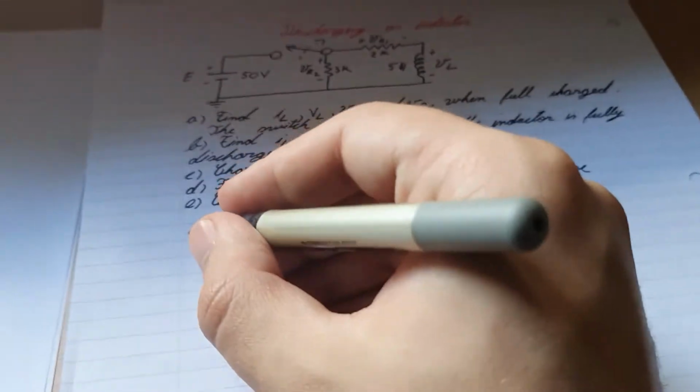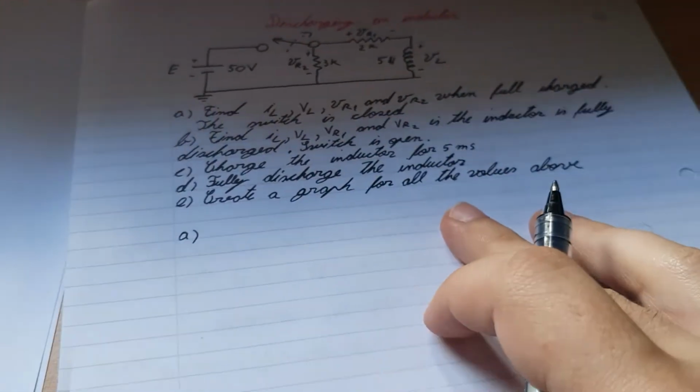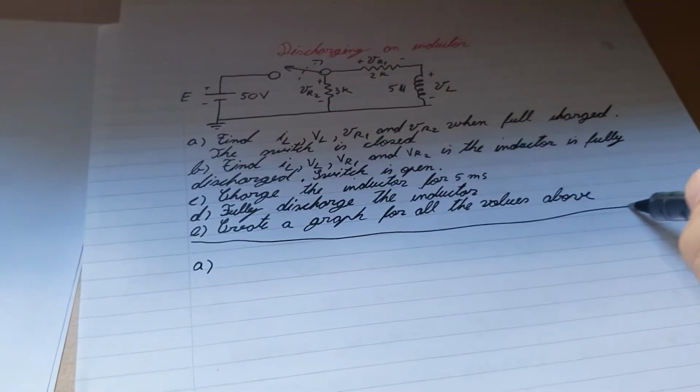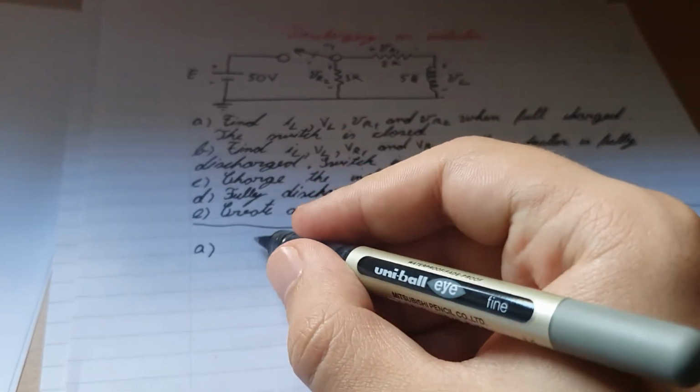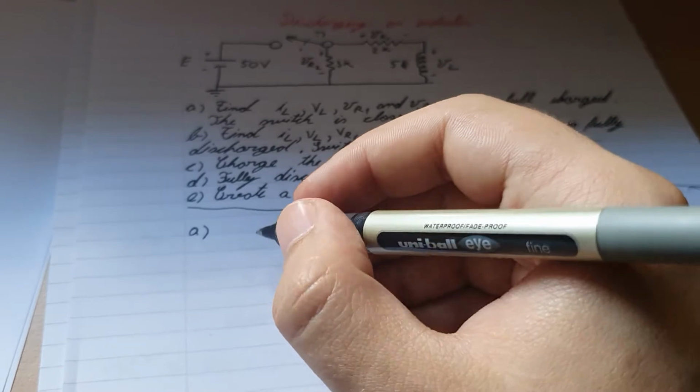All right, so let's start with A. And as usual, like in the capacitors, we start with the time constant, and again we need to calculate the time constant, and this one will be for charging.